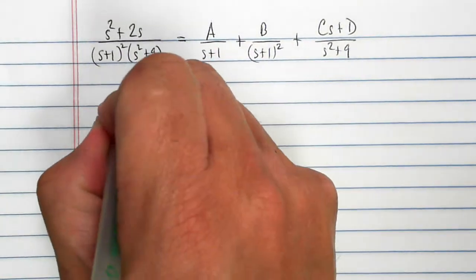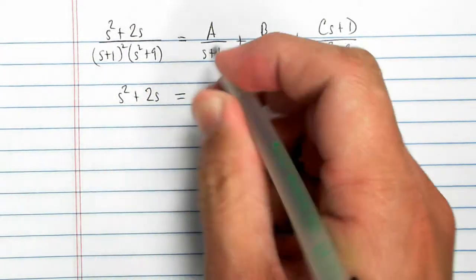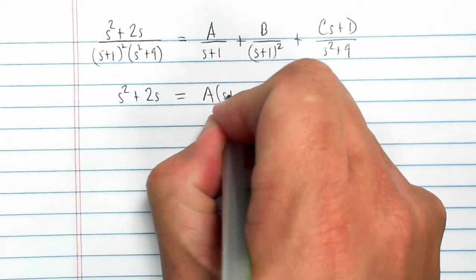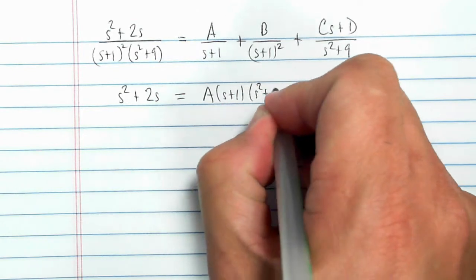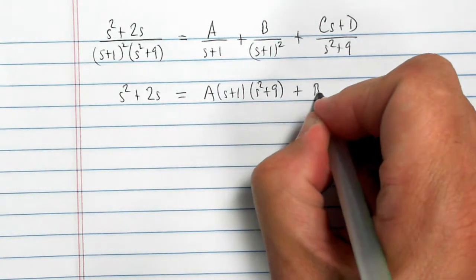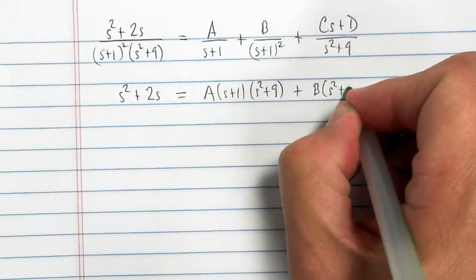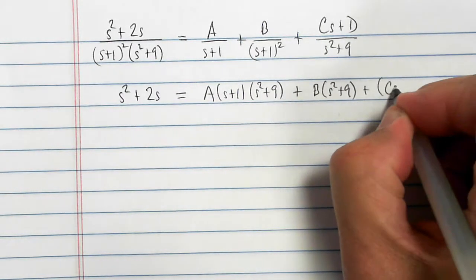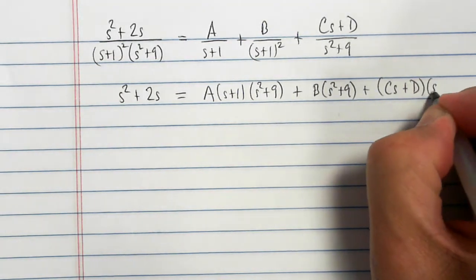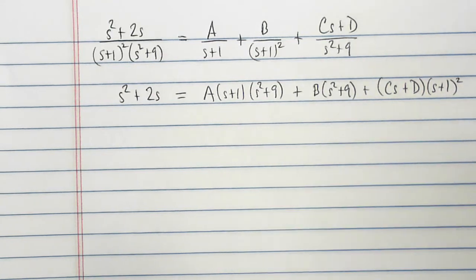If I multiply out the denominator, s squared plus 2s is equal to A times s plus 1 times s squared plus 9 plus B times s squared plus 9 plus Cs plus D times s plus 1 squared.